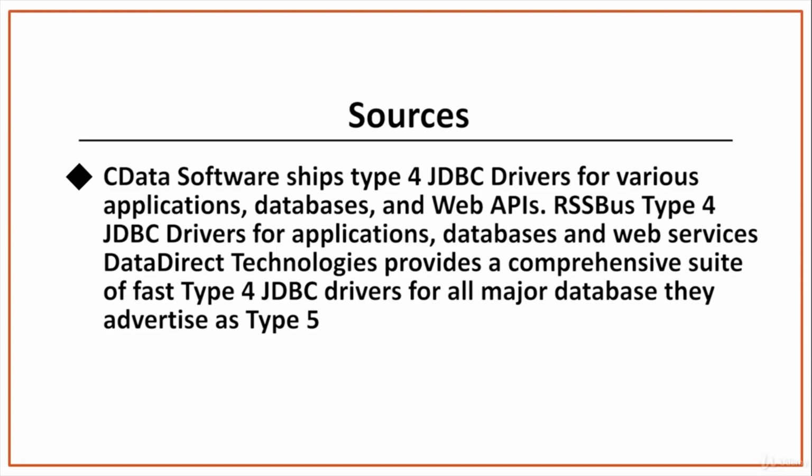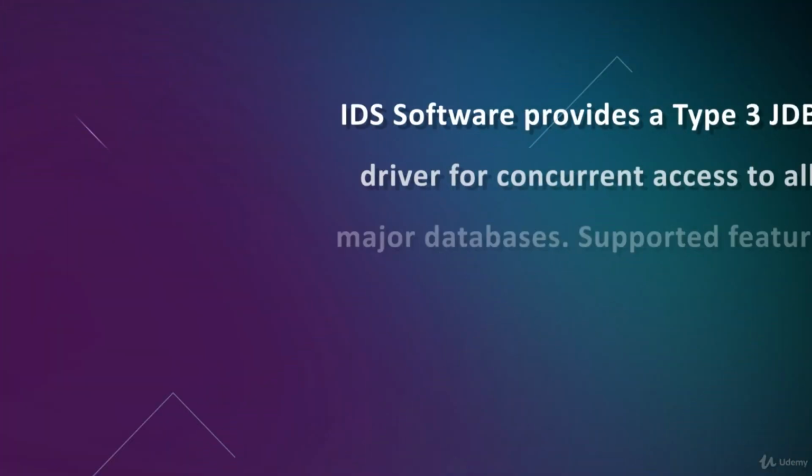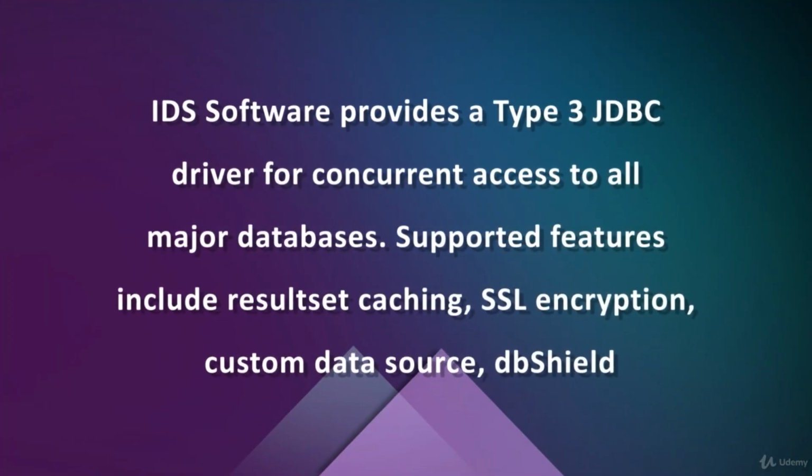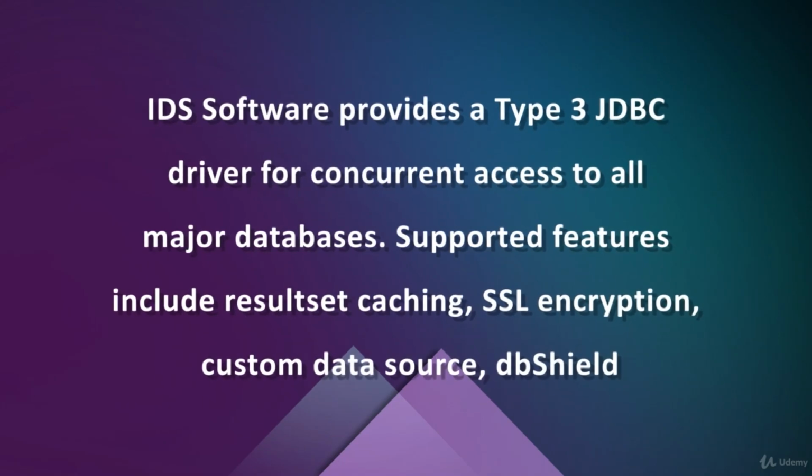DataDirect Technologies provides a comprehensive suite of fast Type 4 JDBC drivers for all major databases they advertise as Type 5. IDS Software provides a Type 3 JDBC driver for concurrent access to all major databases.